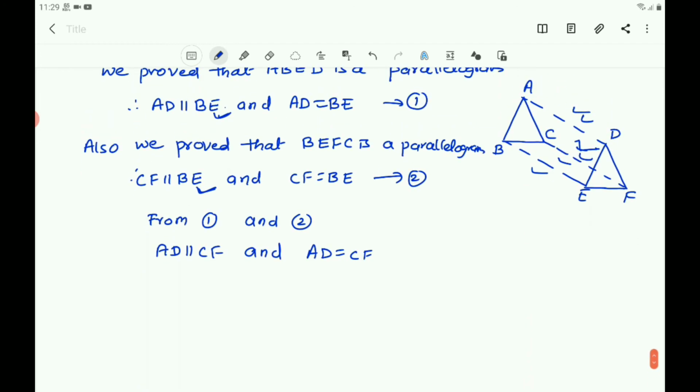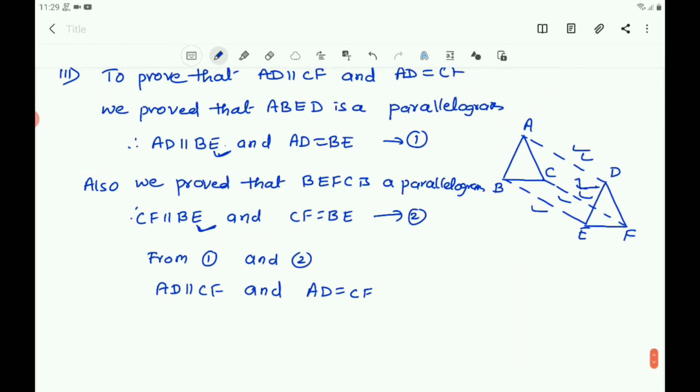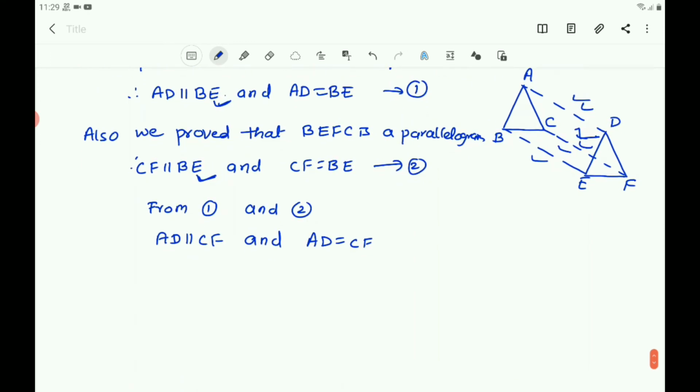Next, what you have to prove here? You have to prove that ACFD is a parallelogram. That is the fourth one.